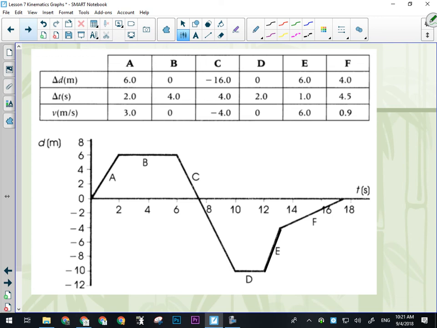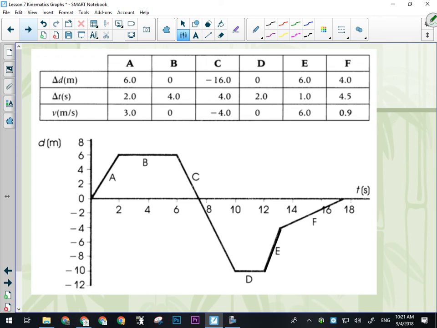Okay, what's going on in part C? Right, it's now moving at a constant velocity in a negative direction, right? Because its position is becoming more and more negative, but it's doing so at a constant rate. Okay?